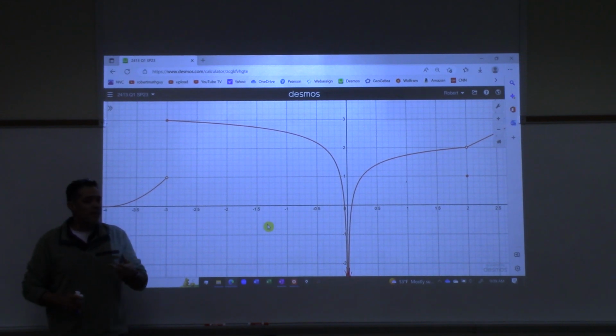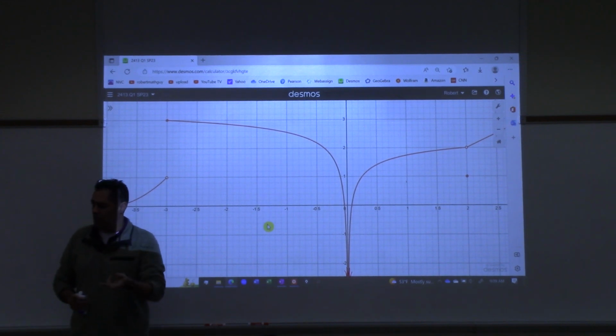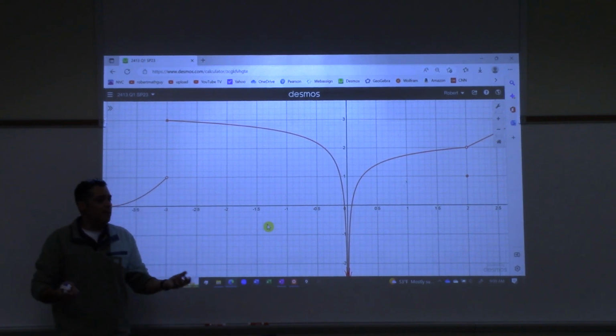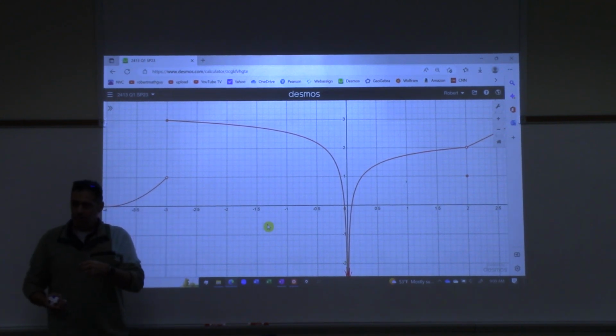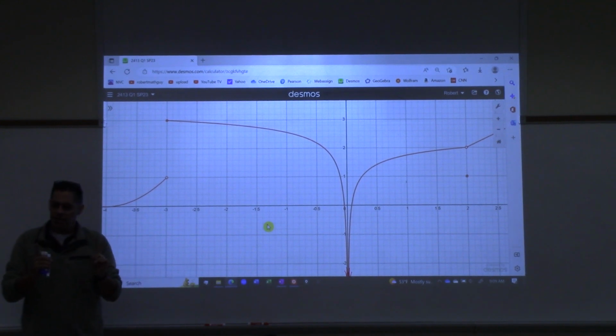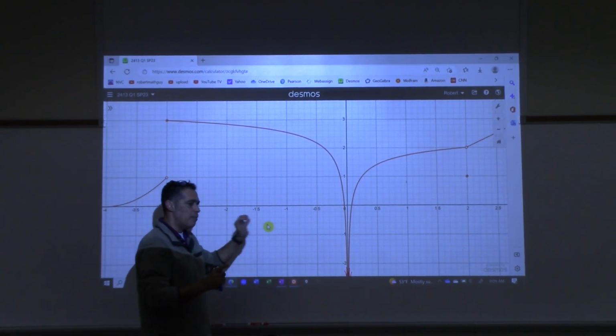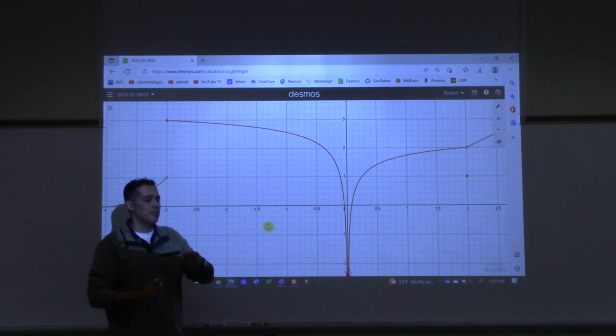Undefined is what you say when you're asking the algebra question, what's the value of the function at a point? Undefined. If you're talking about a limit, and the limit doesn't exist, you say does not exist. Now I won't count off on this quiz, but do you understand the distinction between the two? Undefined is only when you're evaluating a function at a point. Does not exist is only when you're talking about limits.